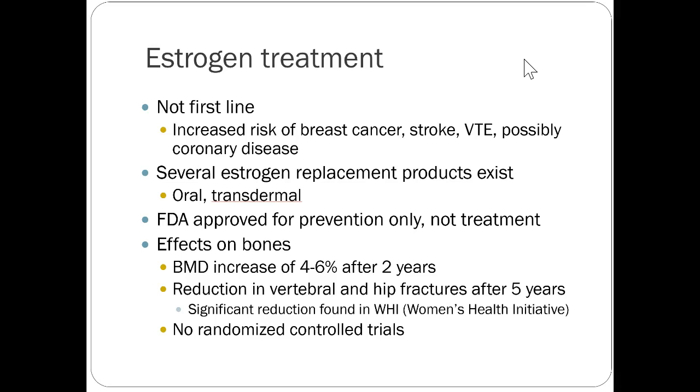There's not really any randomized controlled trials out there looking at estrogen for this, and there's certainly nothing comparing estrogen to bisphosphonates in postmenopausal women. So again, it's a specific patient population where you'd even consider this. And you could combine the two if you wanted to. You could certainly have a postmenopausal patient on some sort of hormone replacement to help with the vasomotor symptoms of menopause, but it doesn't mean you can't be on a bisphosphonate too.